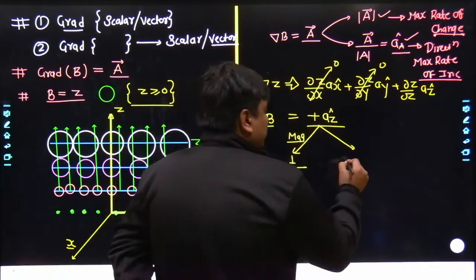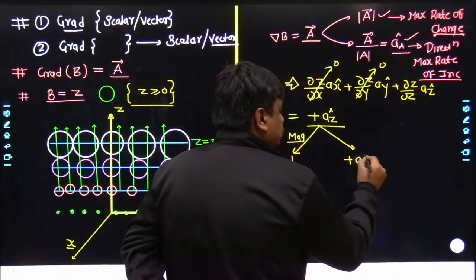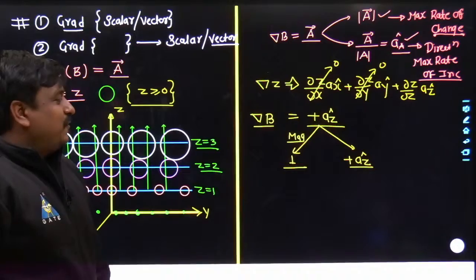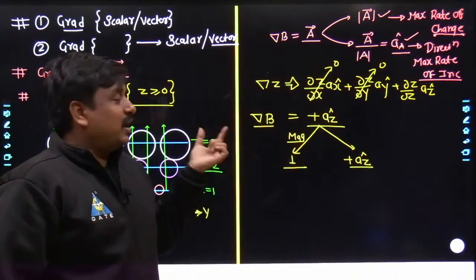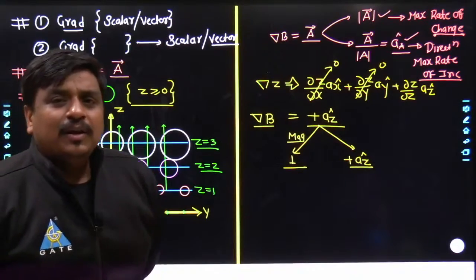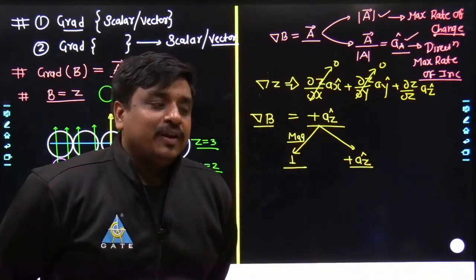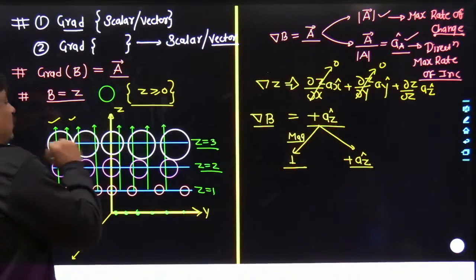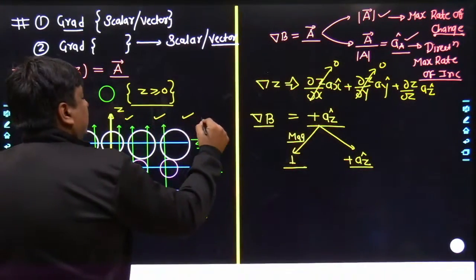By default, it's going to be plus az cap. You can see very well, if you discuss the direction of the gradient of V, the value is plus az cap. Could you see the same thing happening along with the graphical understanding?